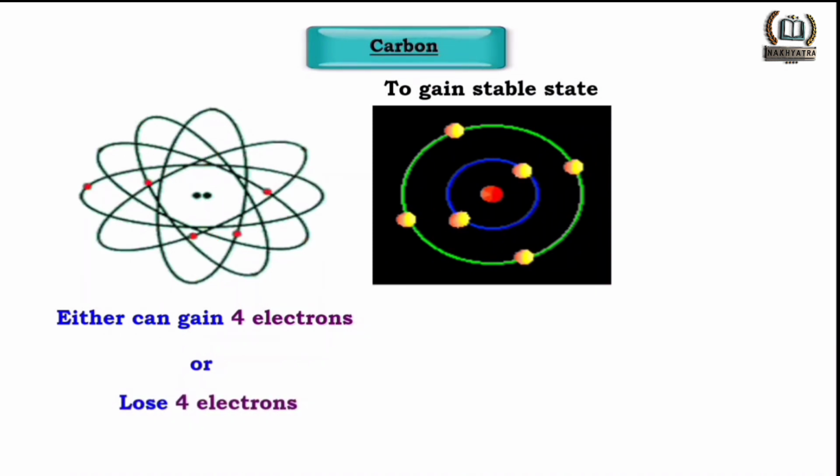Or to gain stability, we can lose 4 electrons. In the first case, we cannot gain these 4 electrons, for the reason I told you. But let's see, can we lose these 4 electrons or not?